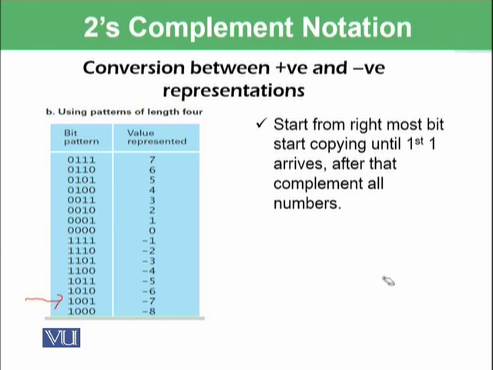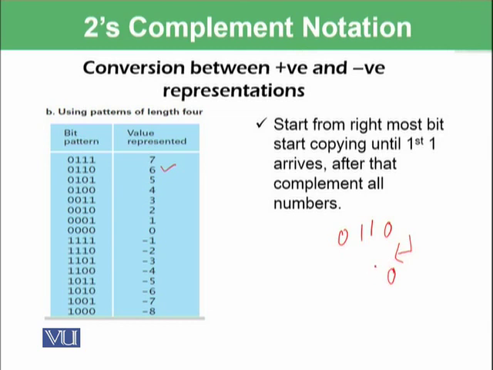Let's take 6. 6 has 0110. So -6 will be represented by what bit pattern? As I already said, let's start from the right side and copy all of the bits until the first one is reached. So this 0 would be reproduced as it is.